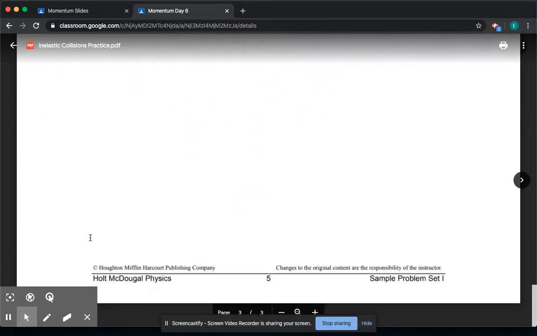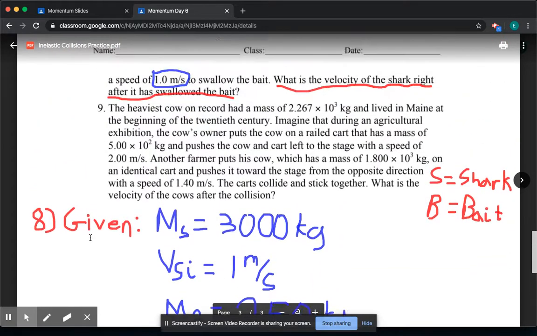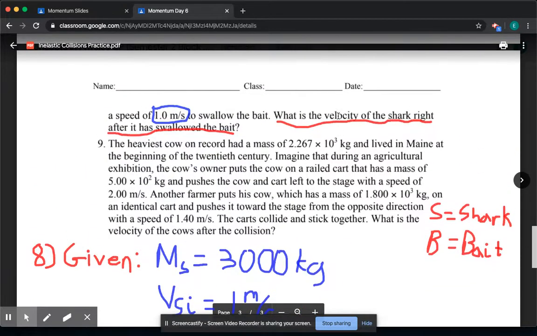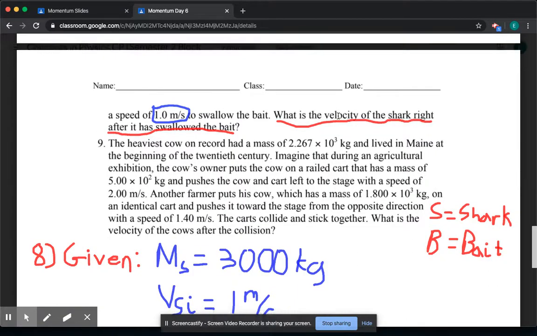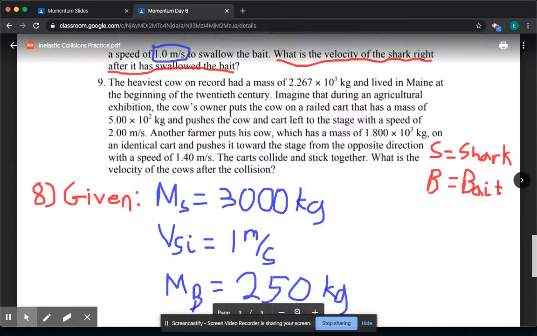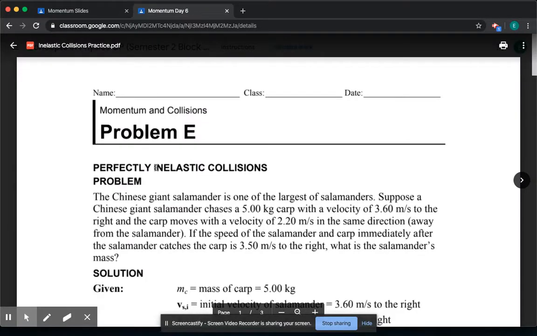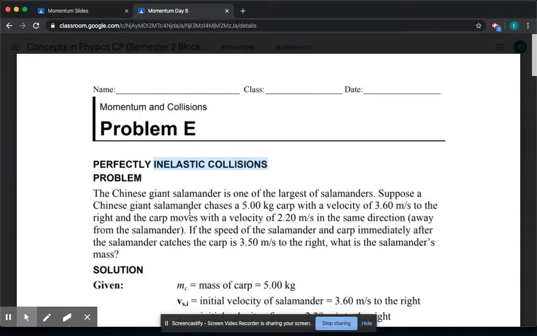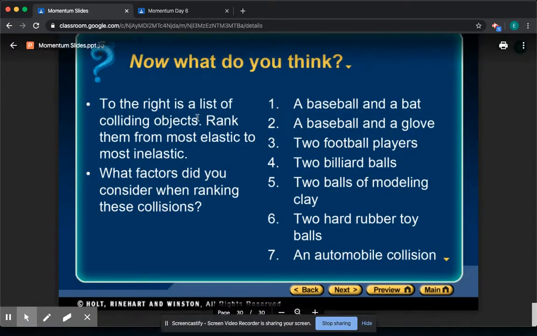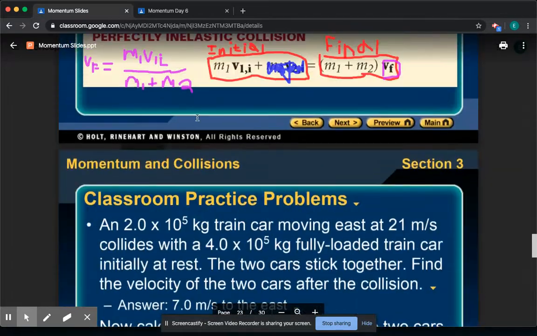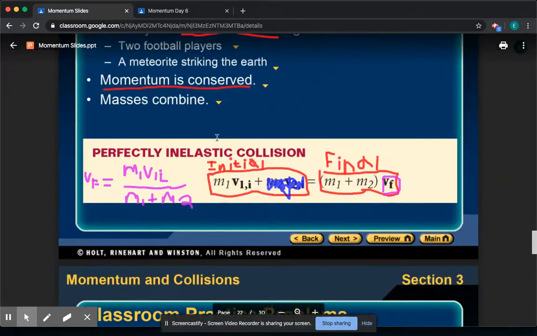Now we are asked to find the final velocity of the shark after it swallowed the bait. So we're doing inelastic collisions. This is what we're working with. So we need to work with our momentum equations. Let's go back to the slide. The first equation they show you is this one. You have your initial and you have your final.